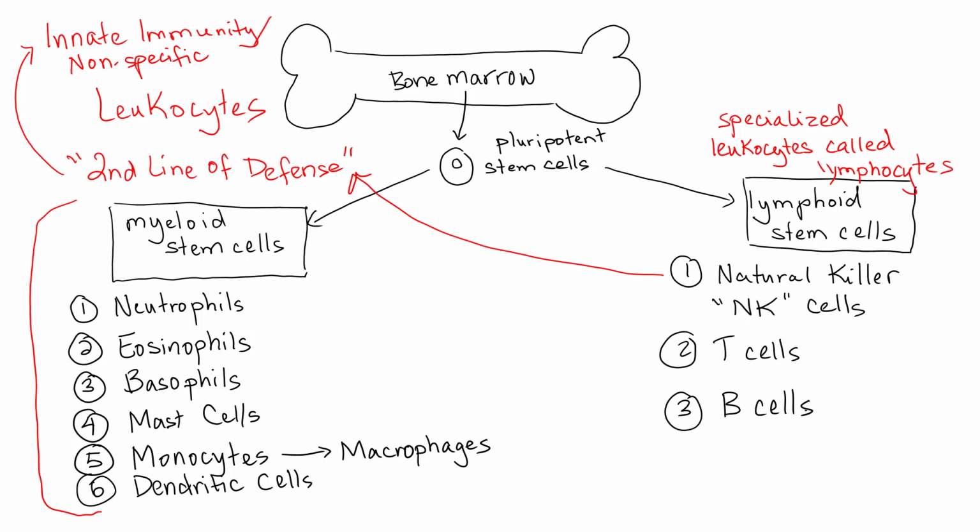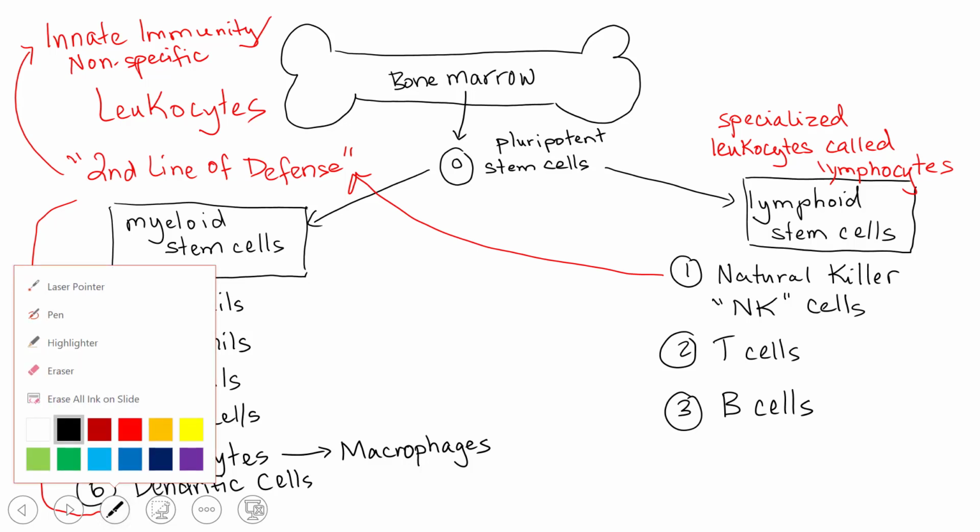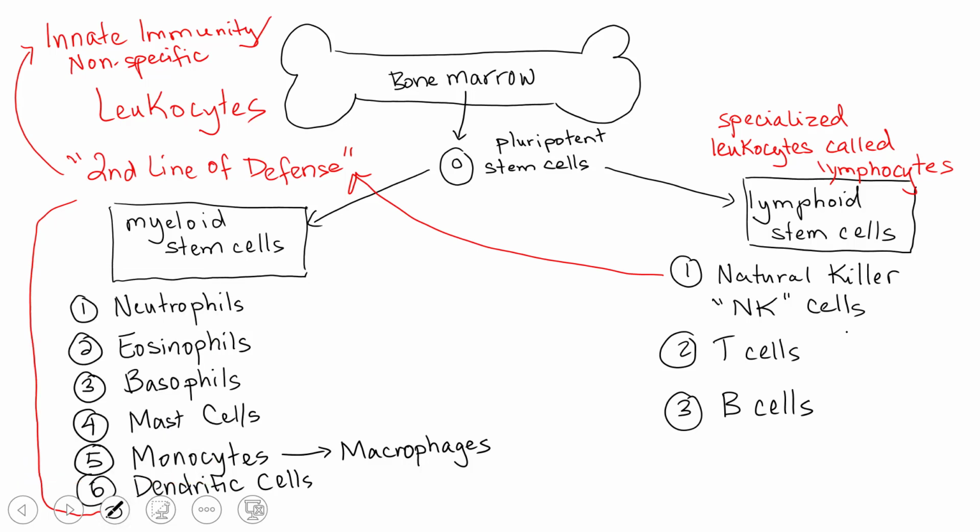And if you recall, T cells and B cells are the players in the third line of defense of the immune system, which is also referred to as adaptive immunity or specific immunity.